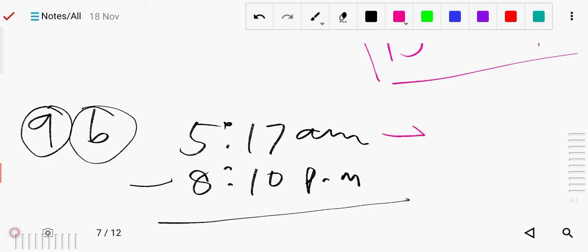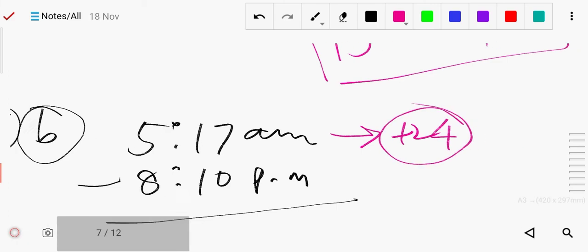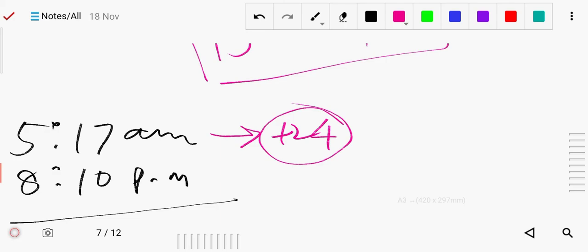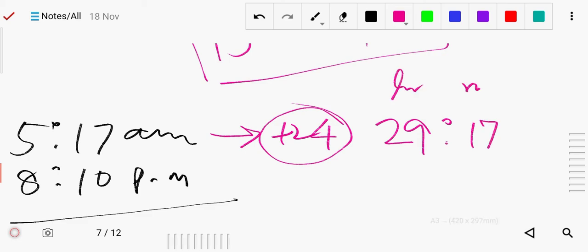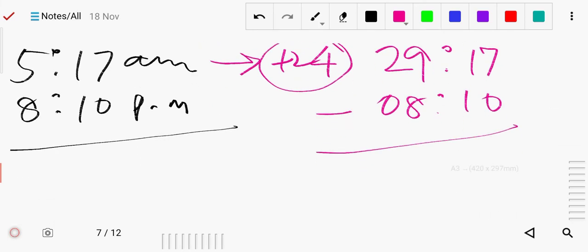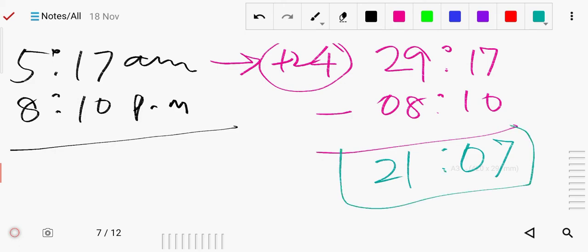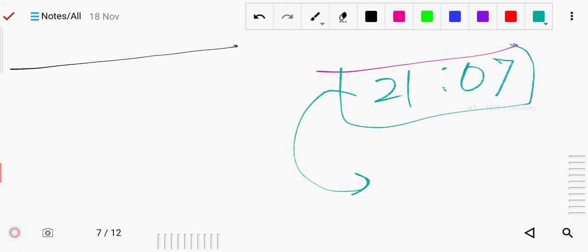You can see here is the AM, so you can add 24 here, because you cannot subtract otherwise. Now when you add 24, it will be 29:17. This is your hour, this is your minute. Now this is your 8 and 10, and you can subtract. When you subtract, you get 7 here, and here it is 21. Now this is in railway time, so you can minus 12.